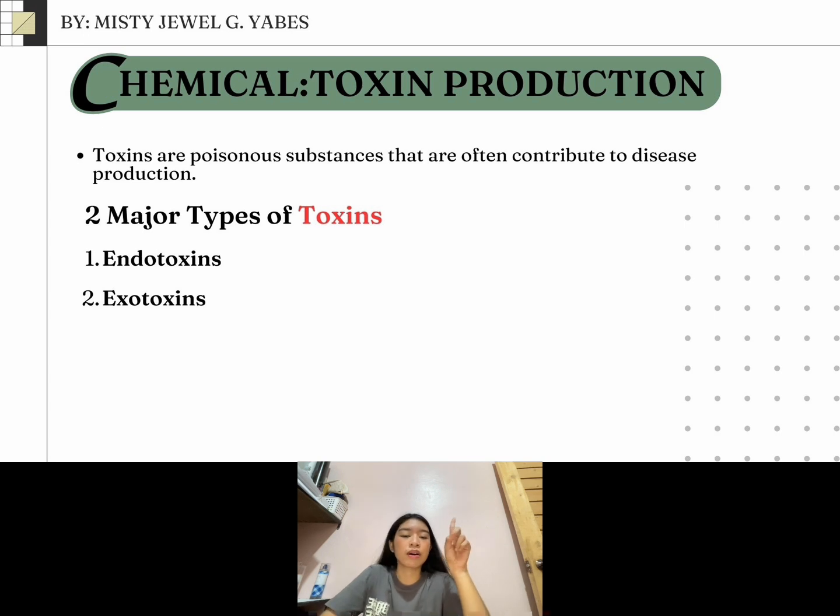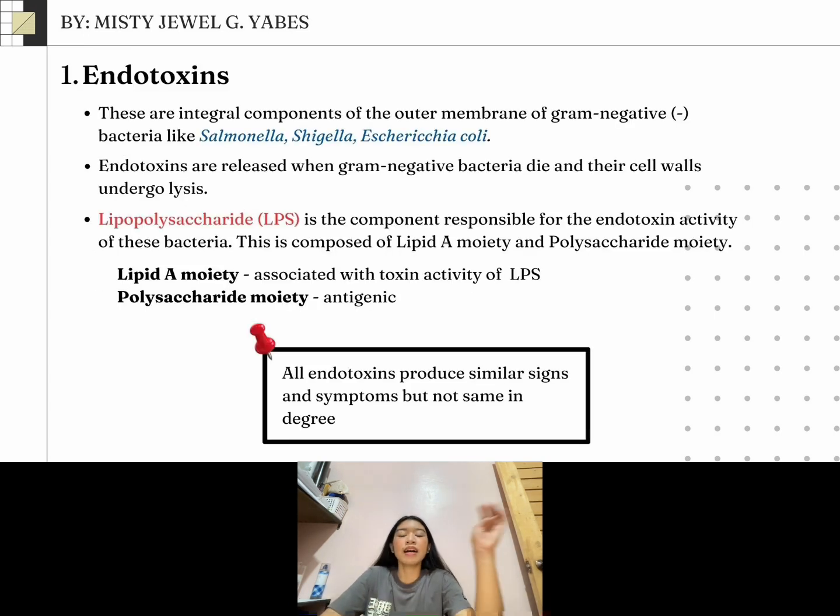So, first, let's talk about our endotoxins. Ang endotoxins natin ay integral composition or component ng ating outer membrane ng mga gram-negative bacteria natin, kagaya ng Salmonella, Shigella, at saka Escherichia coli.